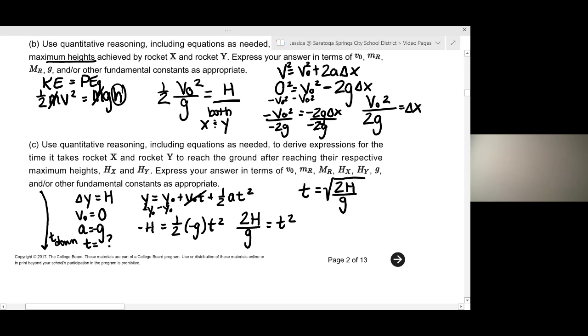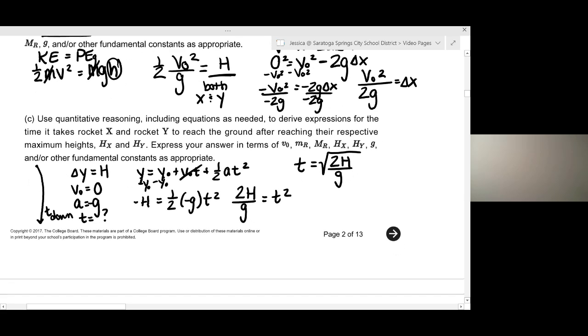But the thing is, the problem does ask us to do two different times because we are based on maximum height hx and hy. So we need tx is the square root of 2hx over g, ty is the square root of 2hy over g.